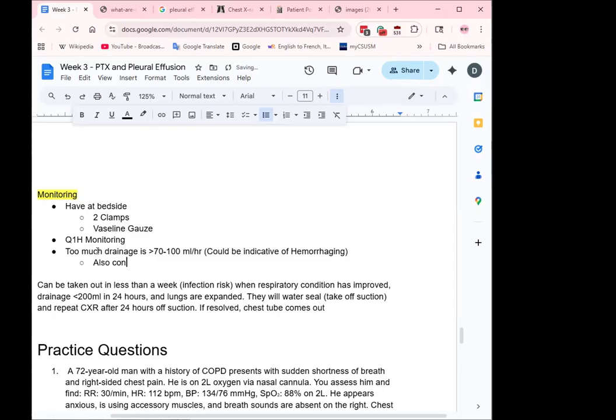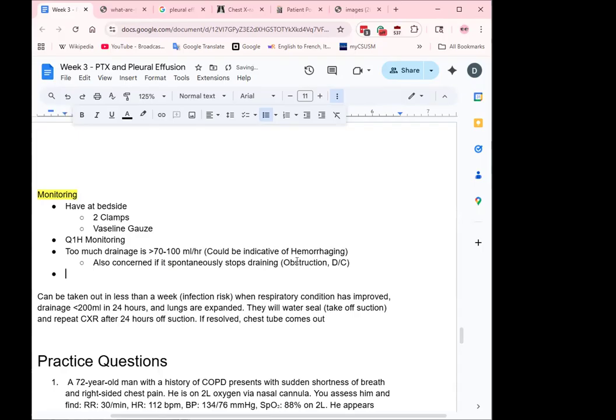And you're also concerned if it spontaneously stops draining, which could be obstruction, could be a DC. But when it's initially put in, it's expected that you would have a really high amount in the very beginning, maybe like 200 mLs per hour.